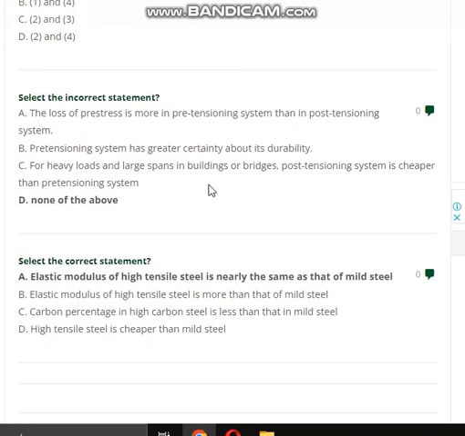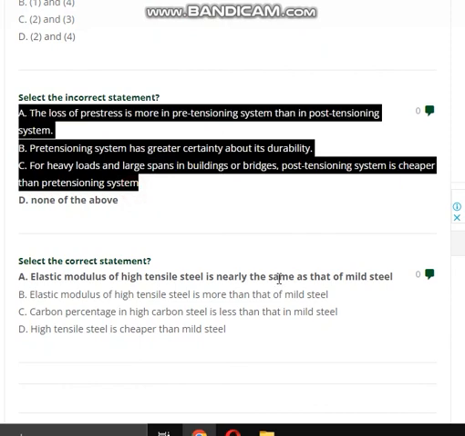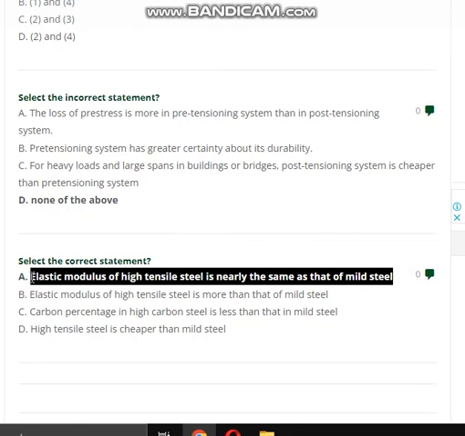Select the incorrect answer. All are correct. Select the correct statement. Elastic modulus of high tensile steel is nearly the same as that of mild steel.